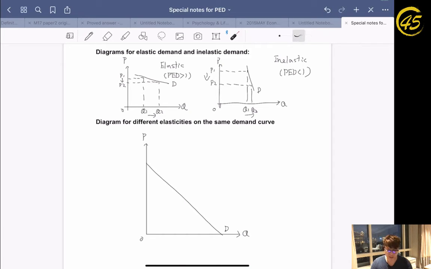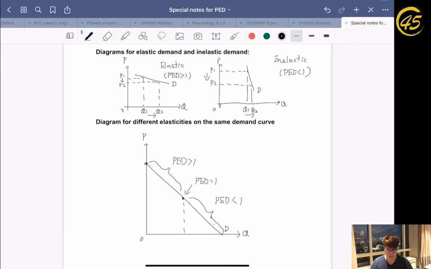As you can see, in this diagram the demand curve touches both the x-axis and the y-axis. At the middle of this demand curve, the PED will be equal to 1. In the upper part, the PED will be greater than 1. And in the lower part, the PED will be less than 1.